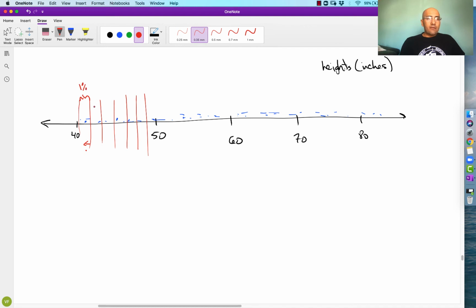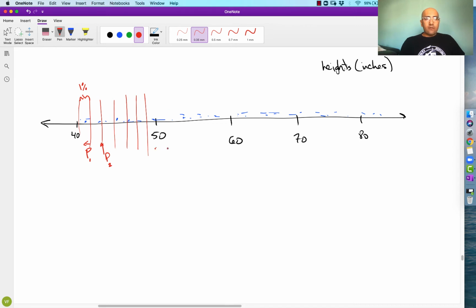So therefore, that score is P sub 1. It's the first percentile. Good. The next one is also 1% of the data. So then that score right there would represent P sub 2, right? The second percentile, dot, dot, dot.